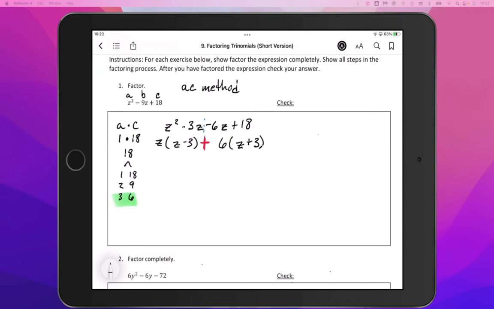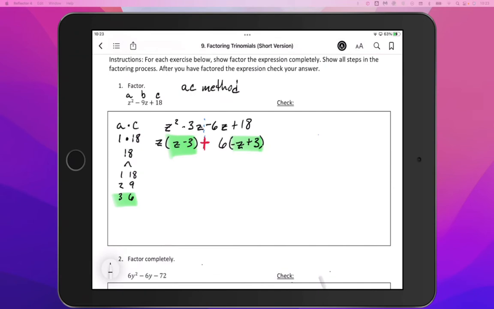Okay, and I notice that this and this are not the same. First of all, I forgot the negative right there. Darn it. I forgot the negative on the z, because negative 6 divided by 6 is negative 1.